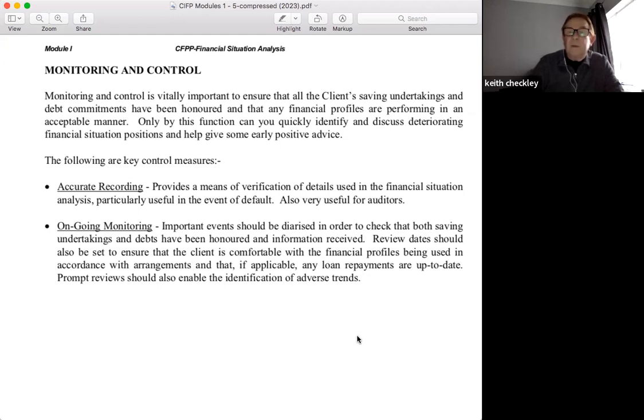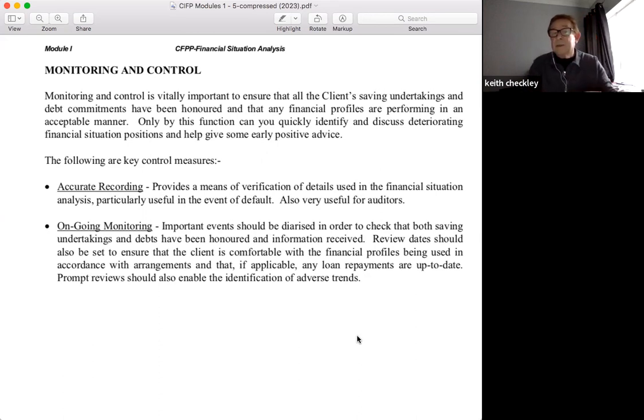He will see that we're keen not just to help him, but to keep our finger on this going forward. Only by using monitoring and control can we quickly identify and discuss any deterioration in the situation and give some early positive advice.